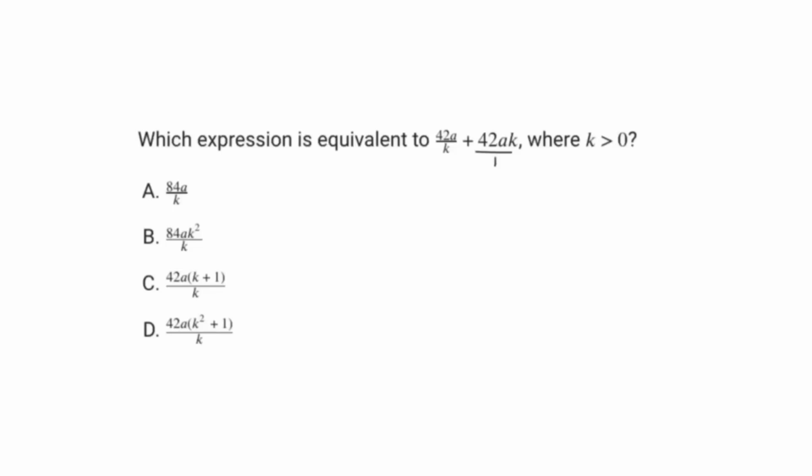And now what we can do is actually find the common denominator here. And the common denominator is very simple for this problem. It's just k, right? So this right here just stays as 42a over k because it already had k in it. And we want to add, and we're going to multiply this 1 by k, so we're multiplying both the numerator and denominator by k.